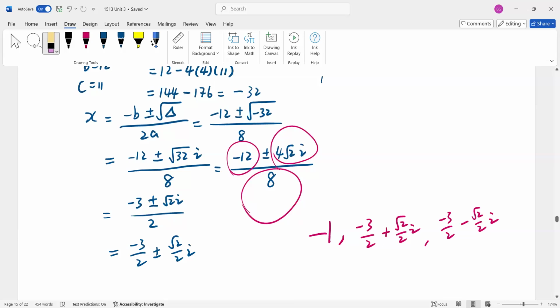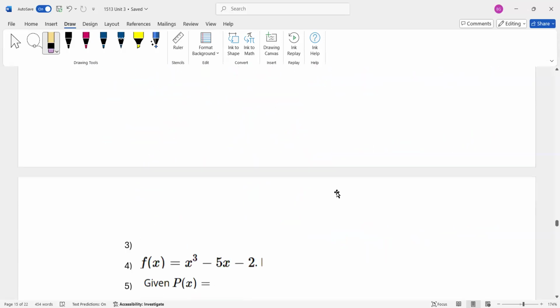So we got all the 3 roots. Please let me know, is that clear? It's a lengthy process. Yeah, it's long, but I understand it. Appreciate your feedback. Let's keep practicing.